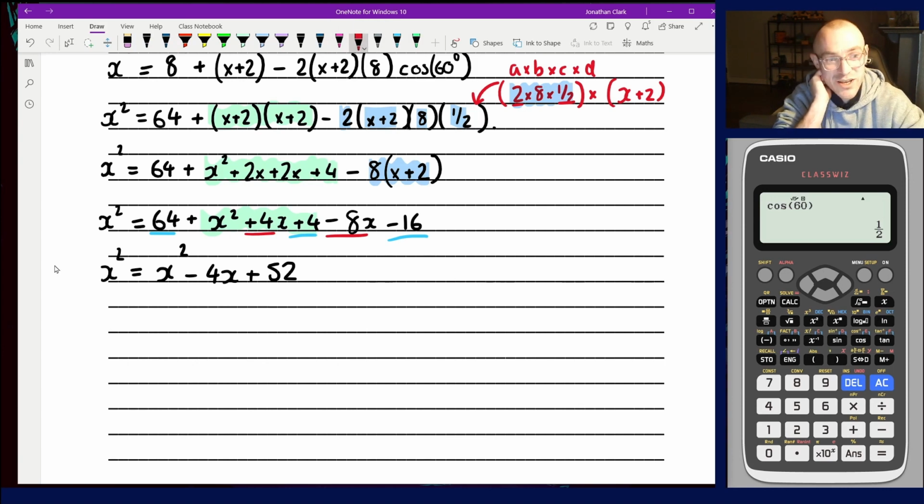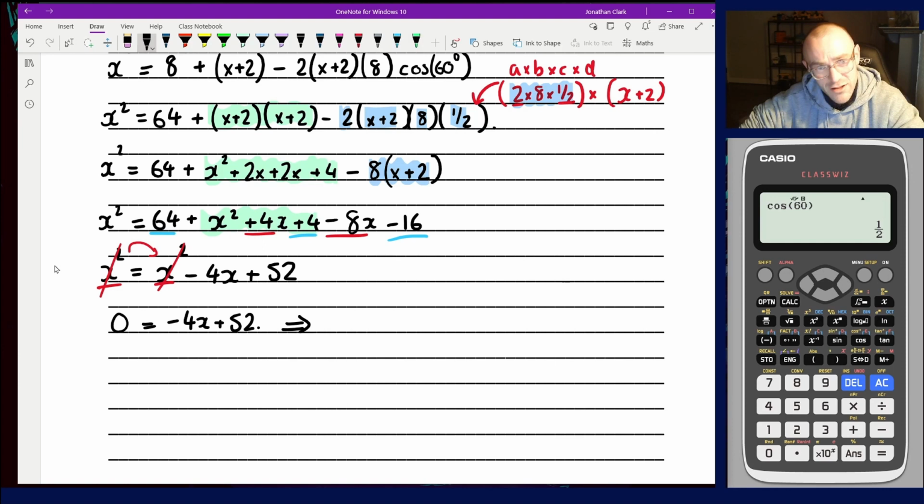It's not quite a quadratic yet because I haven't got a 0 on one side. However, the existence of an x squared on both sides just means that when I do take this over, x squared minus x squared, it's just going to cancel. So I can just get rid of both of these terms and have a 0 right there. Amazing. And solving this, I'll take the minus 4x term over to the left.